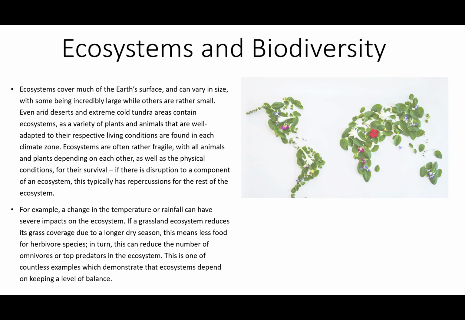The Earth is an amalgamation of all these different ecosystems, different climatic zones and varying conditions, from arid deserts such as the Sahara to cold tundra such as Siberia. All these different areas and climatic conditions support diverse ecosystems.